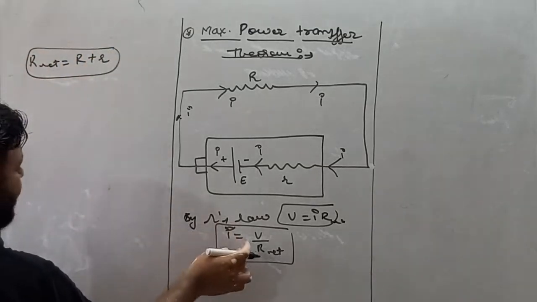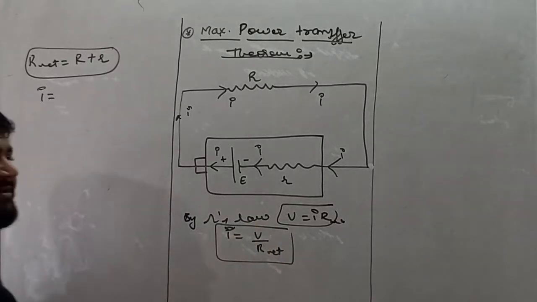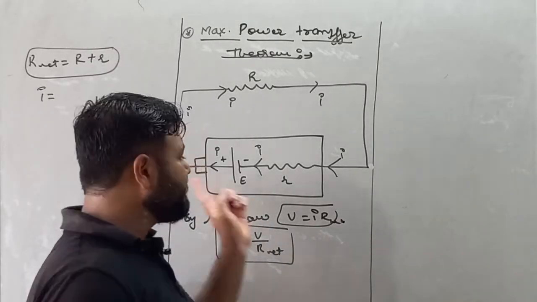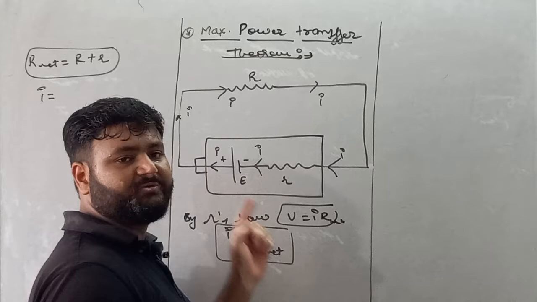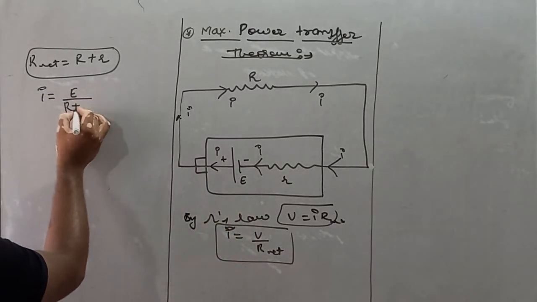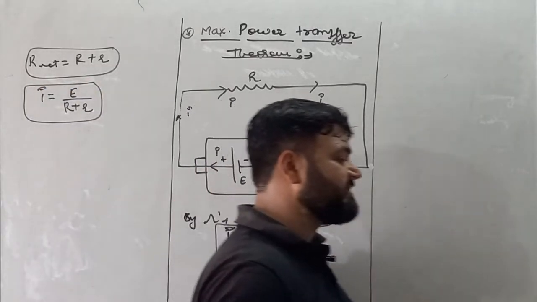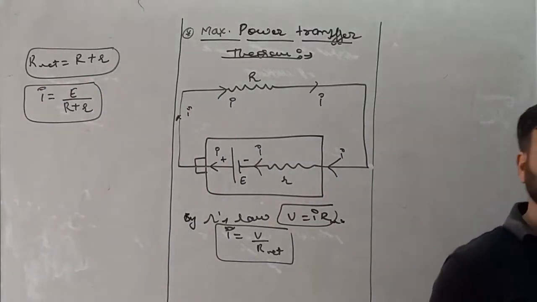We get the current as I equals V, the potential of the battery, which is always equal to the terminal potential E. So we can write I equals E by R plus r, because in this circuit we have two resistors and both carry the same current.